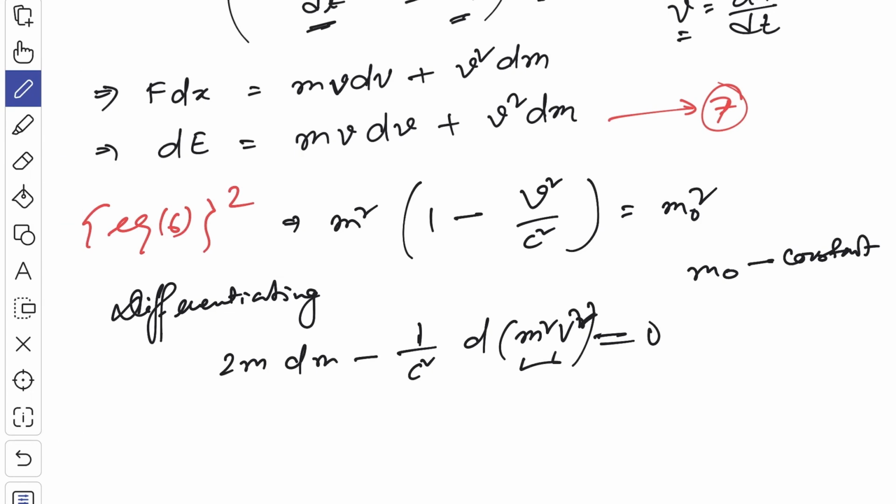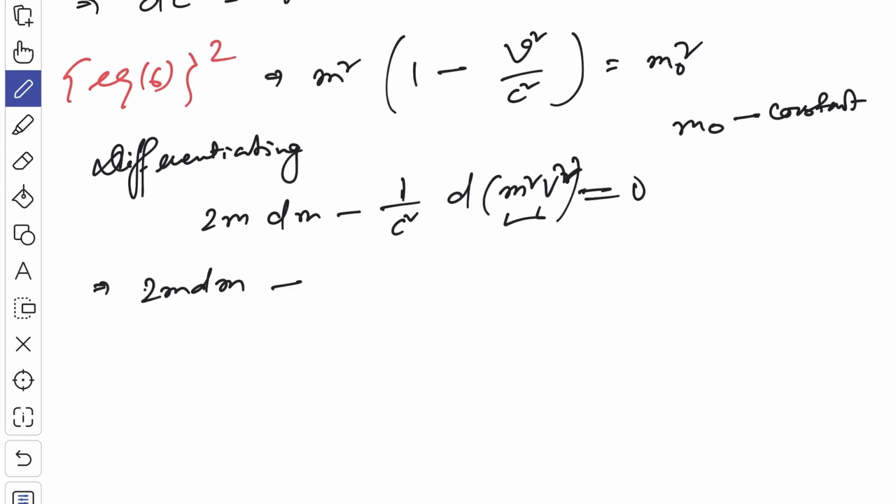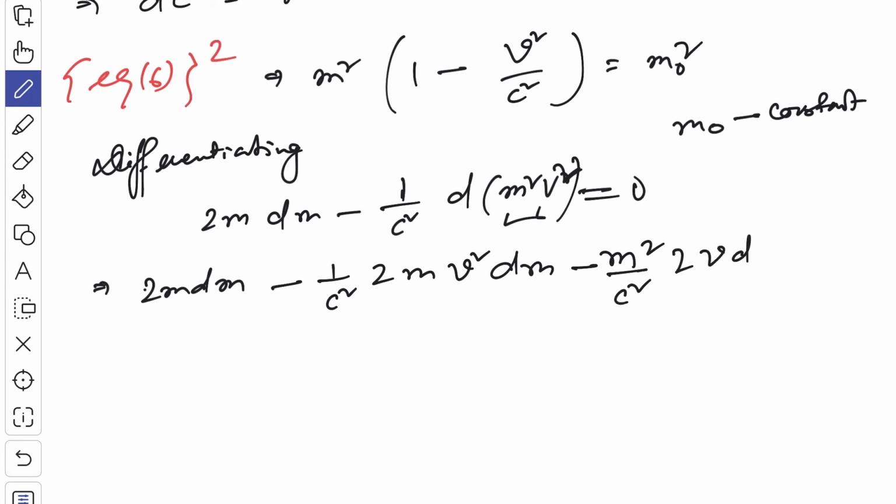Now here we are going to use the product rule of differentiation again. Then we will get twice m dm minus 1 by c square times twice m v square dm minus m square by c square 2v dv is equal to 0.